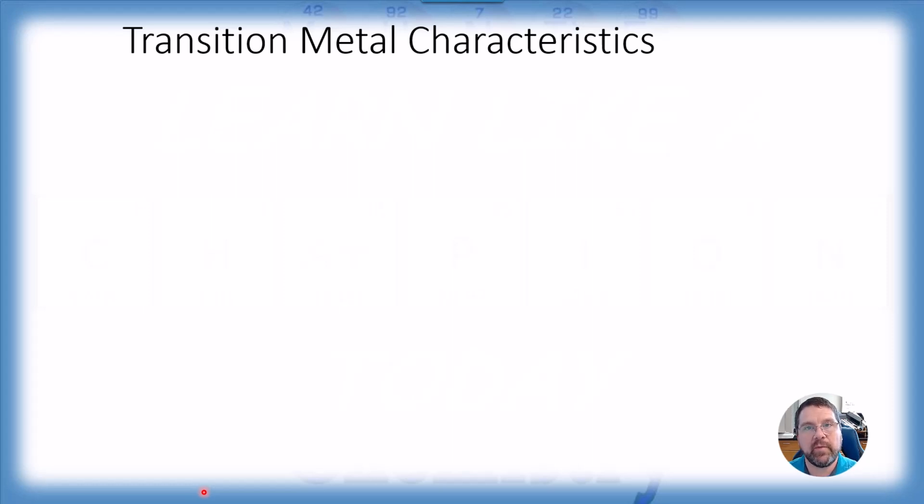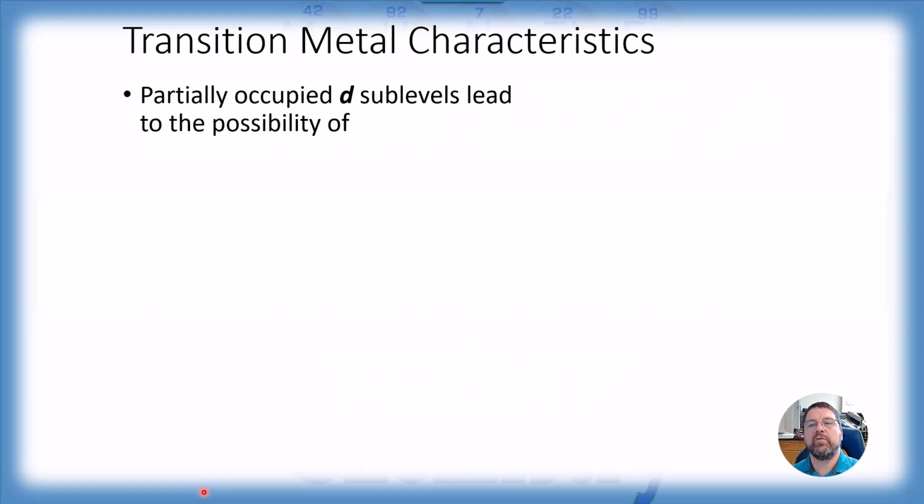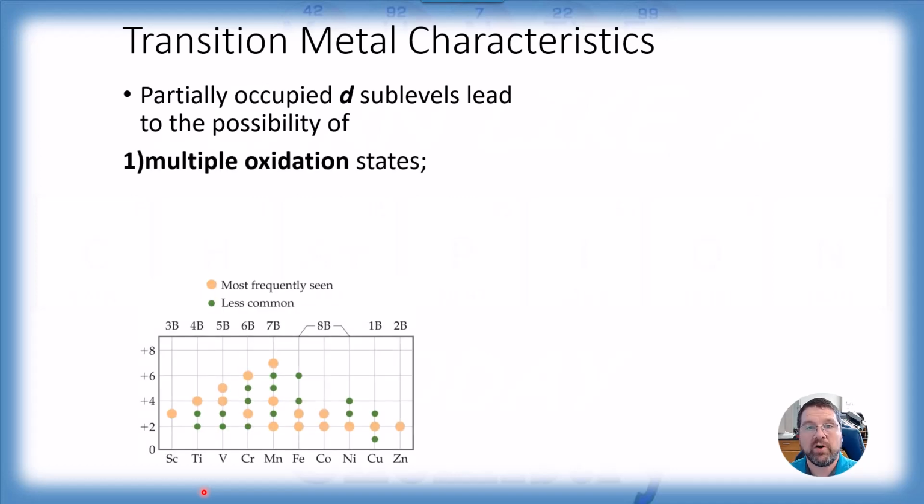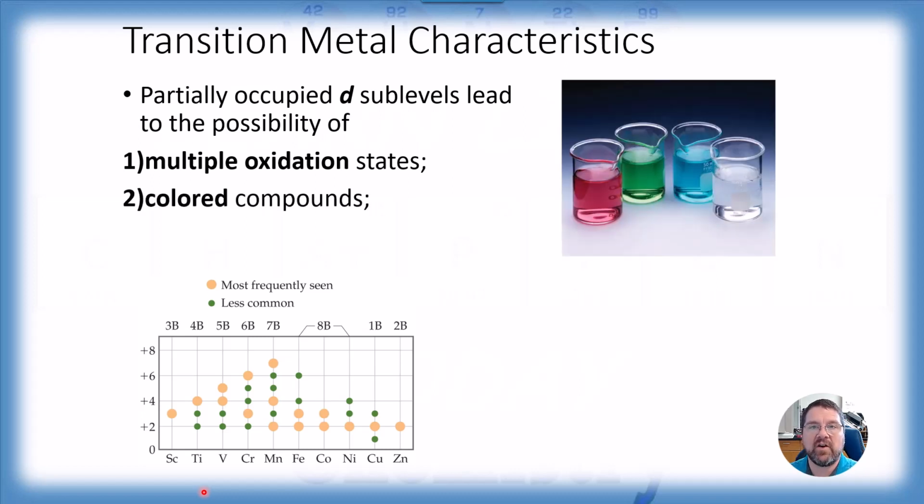Now, those transition metals, because of those partially occupied d sublevels, we get a number of interesting characteristics, one of which we've talked about already extensively, the fact that they can have multiple oxidation states, multiple charges. The second is that compounds of transition metals, in both solid form and in solution, tend to form brightly colored compounds or solutions. And this can be very helpful, particularly when it comes to identifying concentration of solutions.